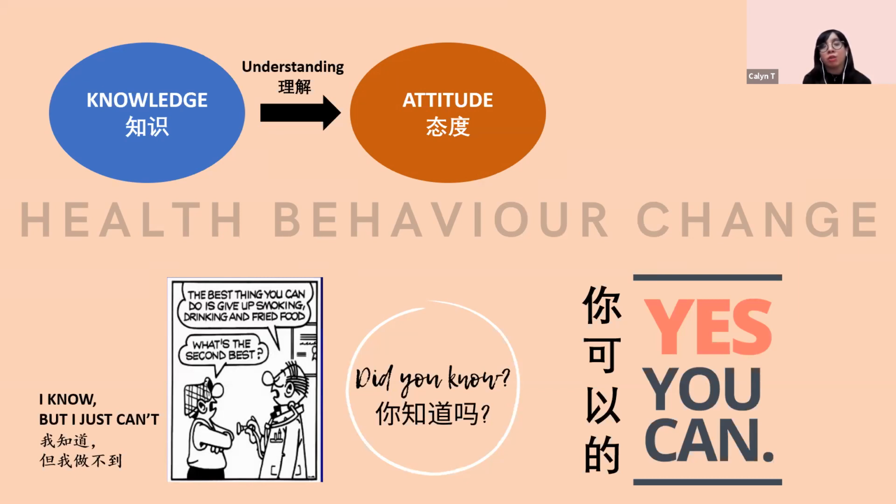But the change of attitude alone is not enough. We have to find our own motivation of why we want to do it. Every one of us will have our own motivation: why do you want to protect yourself from COVID-19? Or why do you not want to protect yourself from COVID-19? Why do I want to do certain SOP and why do I not want to do certain SOP? So just sharing with all of you my motivation, because last year I was involved in the front line fighting the pandemic, and this year as well.